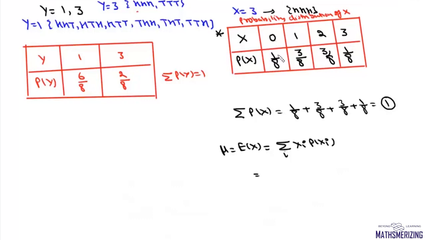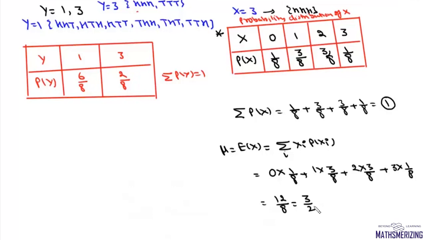Here the value of x is 0, corresponding probability is 1 by 8, so it will be 0 into 1 by 8 plus 1 into 3 by 8 plus 2 into 3 by 8 and plus 3 into 1 by 8, which is 12 by 8. So in this case, the mean of the random variable is 3 by 2.